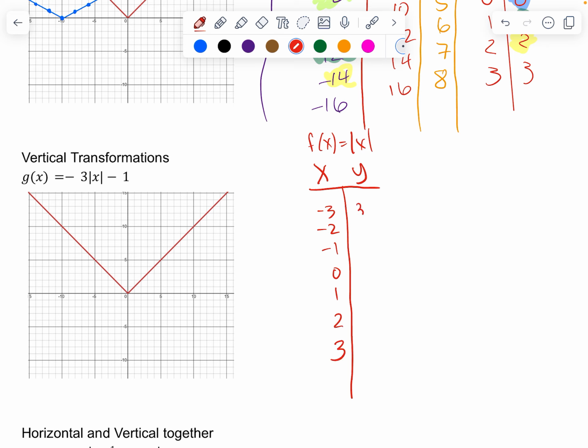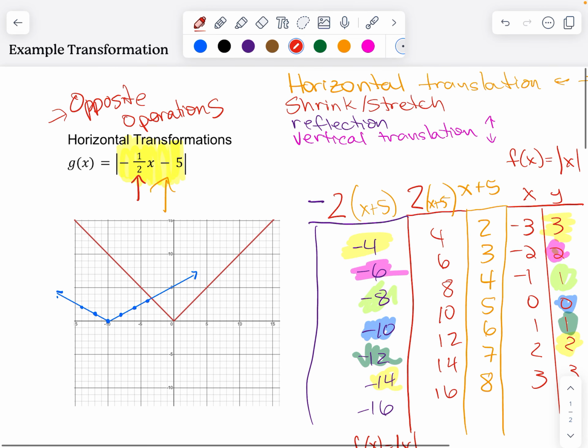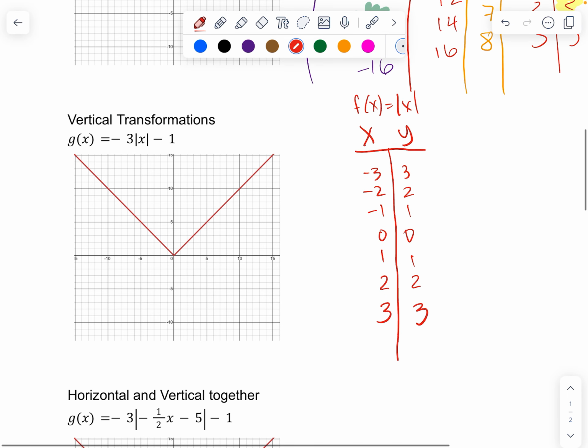So this is 3, 2, 1, 0, 1, 2, 3. Now, the very first thing we're supposed to do is a horizontal translation. Well, this doesn't have any horizontal translations in it. All of what we have is on the outside of the absolute value. So that means we're going to do everything to the y value this time.